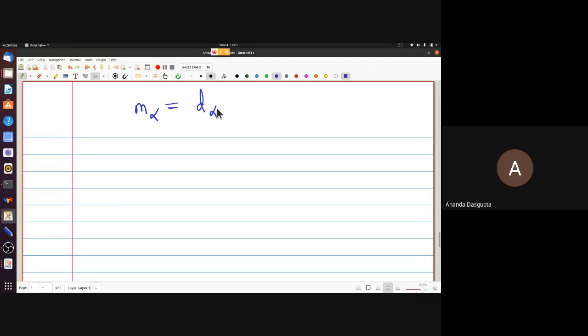If a particular M alpha were 0, then even if it's reducible, this particular irrep would not occur. But every irrep occurs here because all the M alphas are non-zero. And not only that, every irrep occurs exactly as many times as the dimension of the irrep.